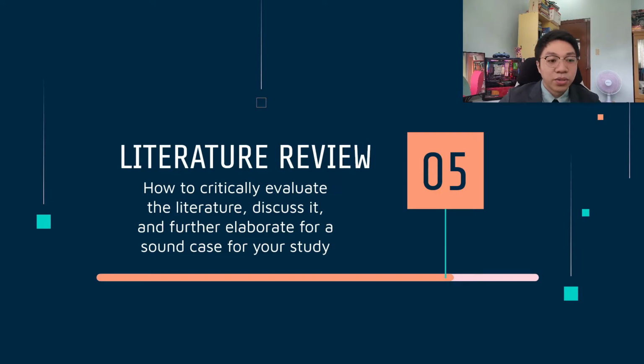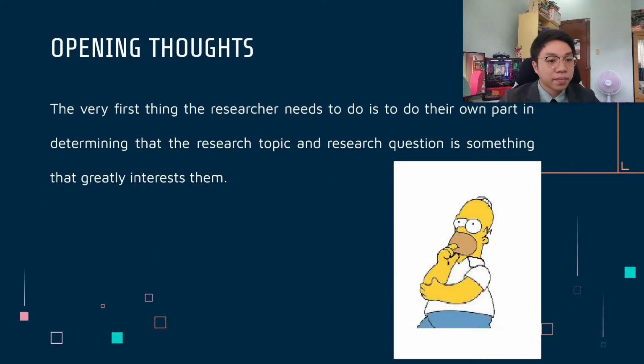Now we head on to the literature review, how to critically evaluate the literature, how to discuss it, and further elaborate the literature to create a sound case for your study. So the very first thing that a researcher needs to do is to do their own part in determining that the research topic and the research question is something that greatly interests them.